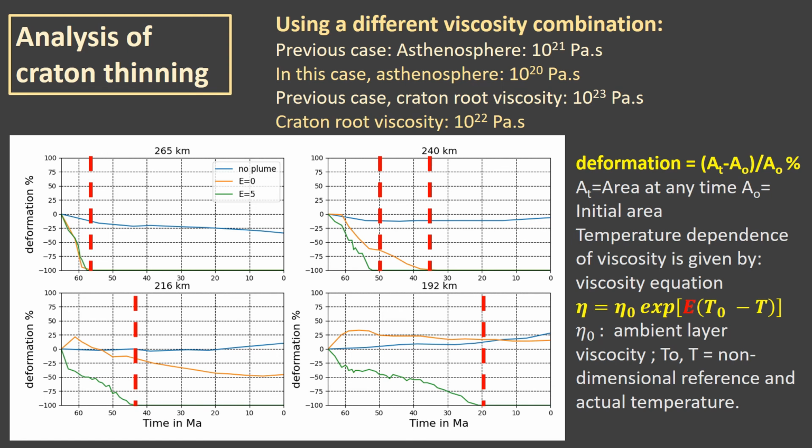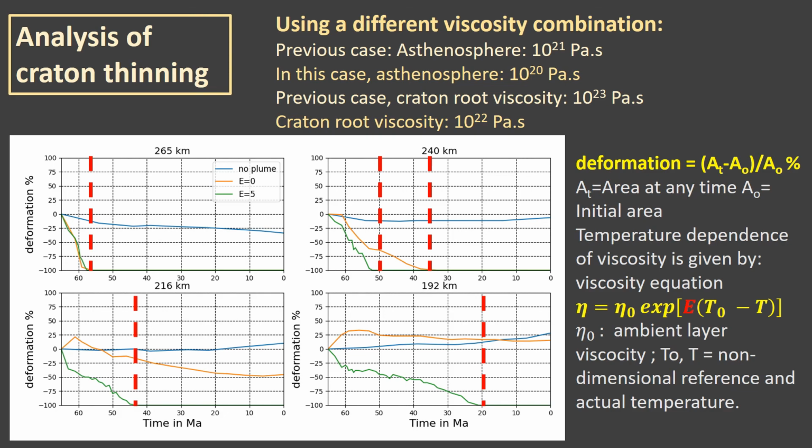So here, even if the temperature dependence is turned off, the craton is getting destroyed very quickly, within 55 millions of years at 265 kilometer depth. At 192 kilometer depth, the craton is also getting completely destroyed at around 20 millions of years. So in this case, we see the craton can be thinned down by more than 100 kilometers.